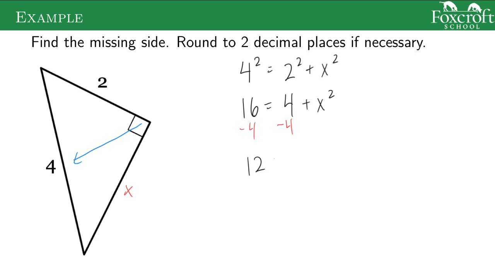That gives us 12 equals x squared. To get x by itself, I take the square root of both sides. So x is going to be the square root of 12. And we know how to simplify these things, but this one just wants a decimal approximation. So I'm going to type the square root of 12 into a calculator and get 3.46.